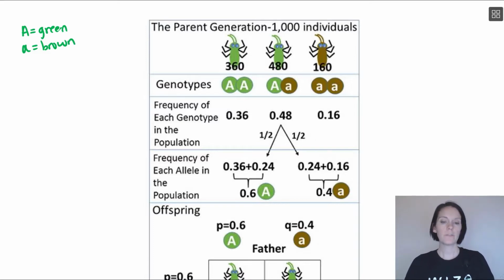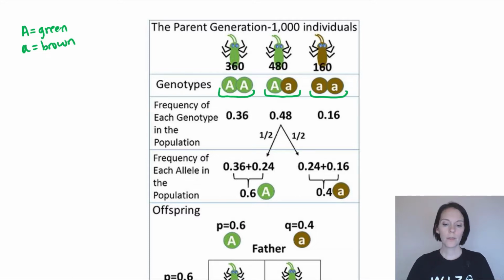And so we have 2 different alleles, green and brown. And remember that these organisms are going to be diploid. So they have 2 copies of this gene. So the possible genotypes that you can have here would be big A big A, which would give you a green bug, big A little a, also giving you a green bug, and little a little a, which gives you a brown bug.